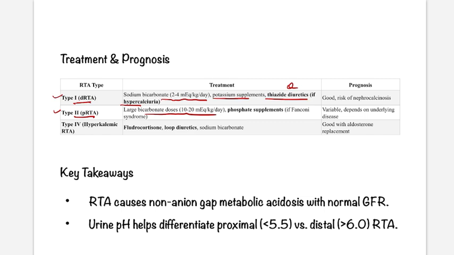And phosphate supplementation you have to give if Fanconi syndrome is there. This is very much important. Type 4, hyperkalemic RTA: in this condition, fludrocortisone, loop diuretics and sodium bicarbonate are used.